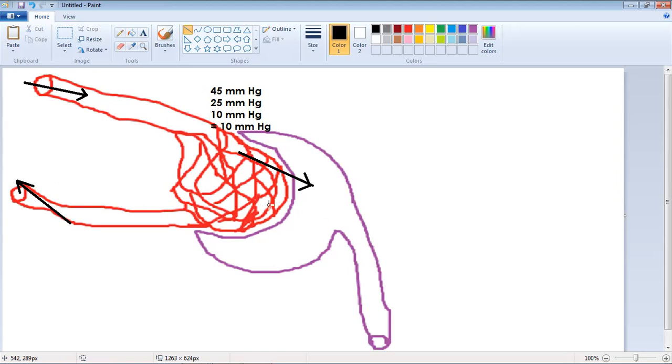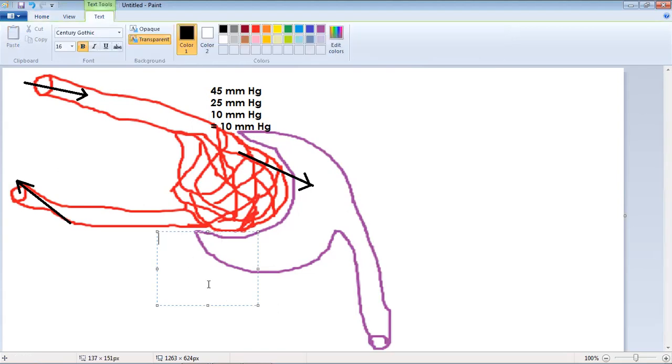Of mercury. Now, when the fluid or blood reaches here, let us see what will happen to the situation. Here, the PGC will be the same, 45 millimeter of mercury. Why is it so?